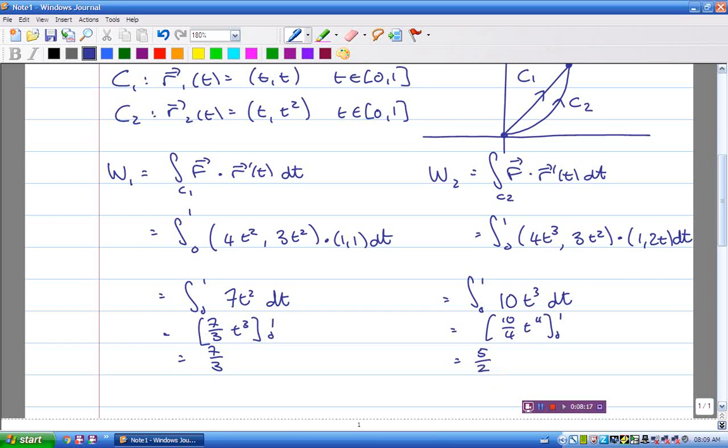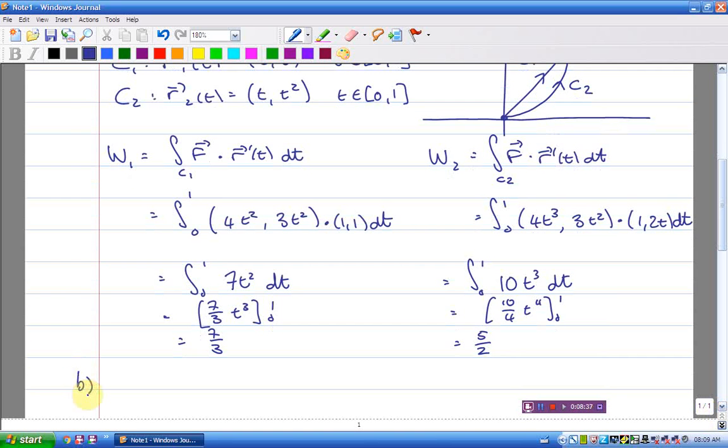Okay, thereby demonstrating that the work done along different paths is typically different. The path matters. It's not just the endpoints that matter. However, you'll notice that question 10 has a part B, and in part B, it suggested that you do all of this again, except with a slightly different field.